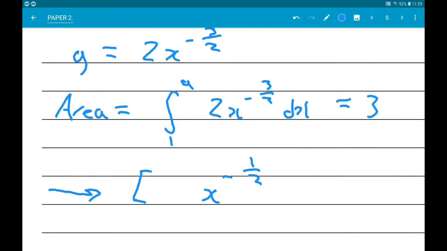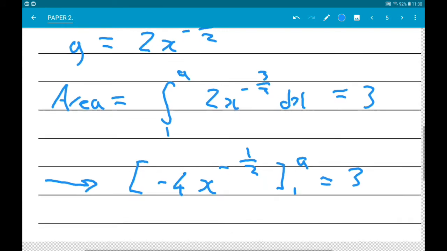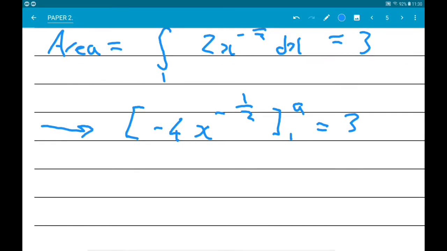So 2 divided by minus 1 half is minus 4. Now at this point I'll probably write it back in root form. So we've now got minus 4 over root x.